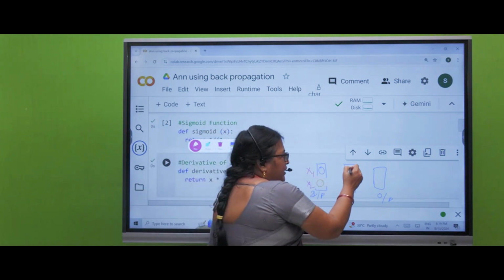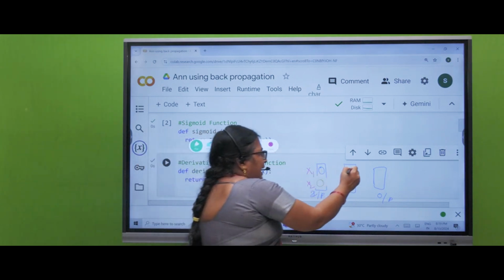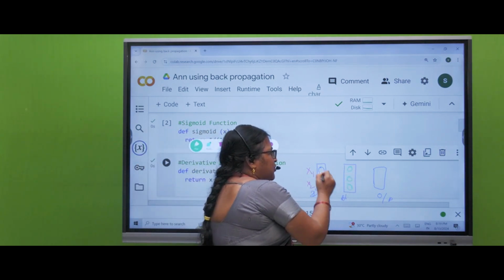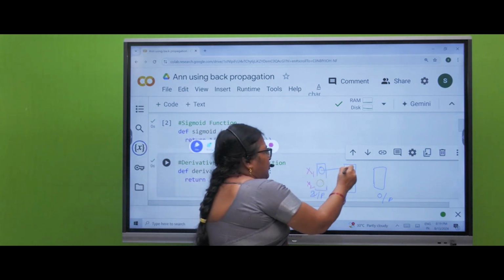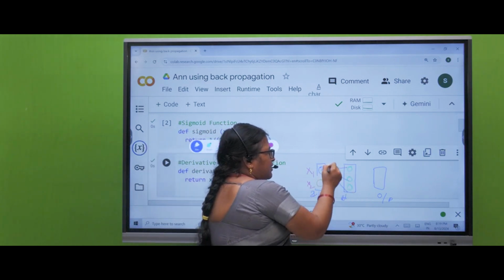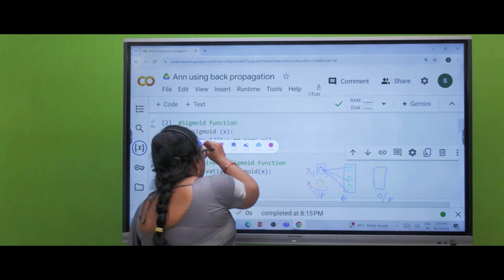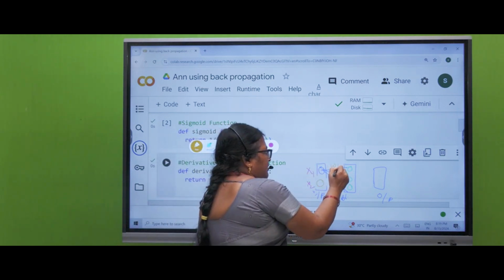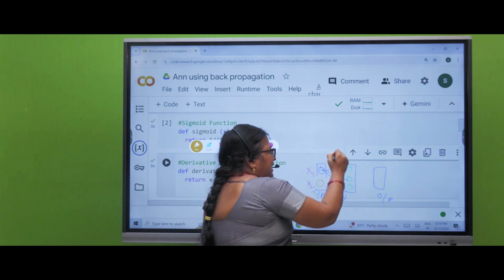I already told you that when it is going to the hidden layer, we will add some weights to these inputs. So it may be W1, W2, W3, and some bias we will add here.